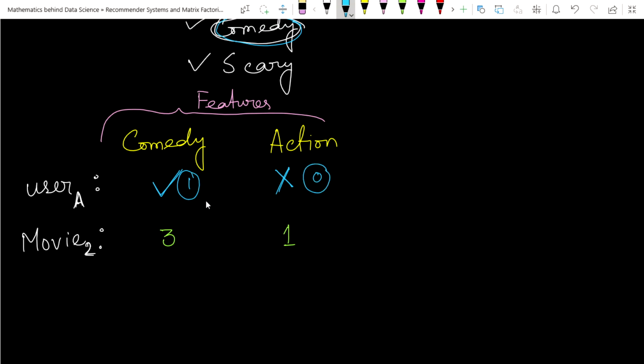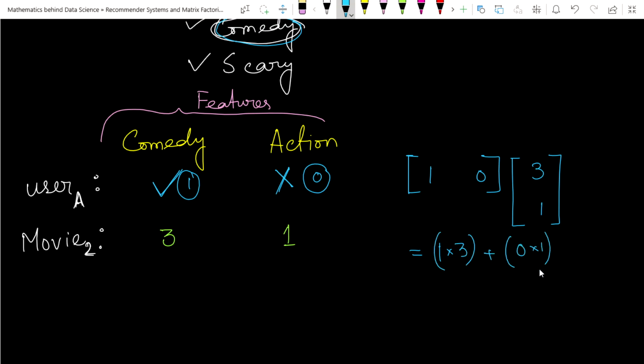Now if we take the dot product of 1 0 with 3 1, we get 1 times 3 plus 0 times 1, that means 3 plus 0, which is 3.